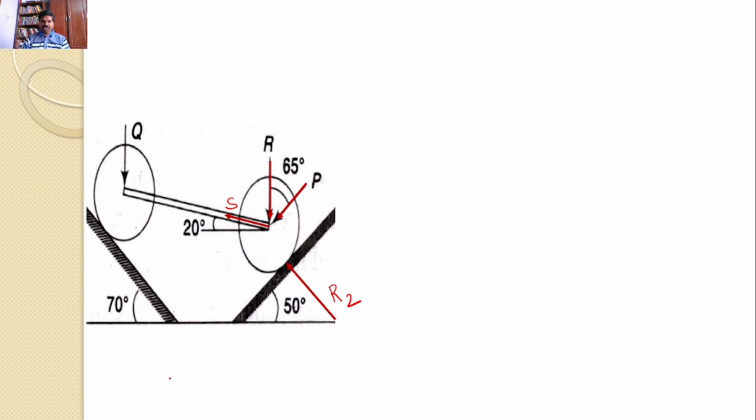There are four forces. Let us transfer all the four forces onto a separate xy plane like this. So here P, R, S and R2. Let us try to find the angles. Now R2 makes an angle 50 with the vertical, because this surface makes an angle 50 with the vertical.